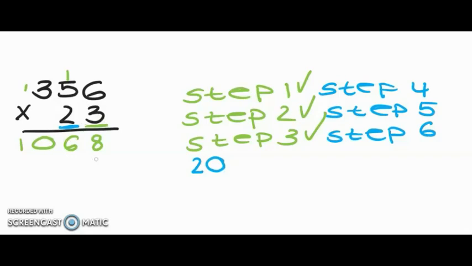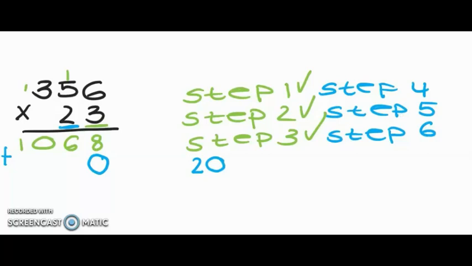Therefore, we have to add a 0 under the 8, because we have to make the next answer 10 times bigger than the previous answer. Now let's continue with step 4, 5, and 6.